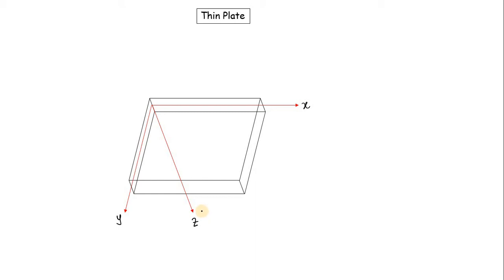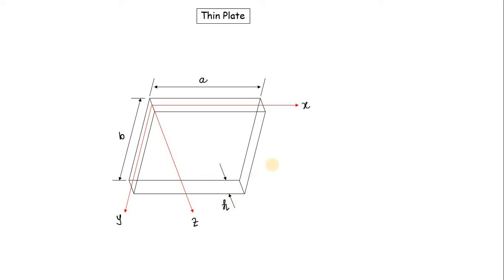Okay, now we give the dimensions of the plate. Along the x-axis the dimension will be a, along the y-axis the dimension will be b, and along the z-axis the dimension, or the thickness, is h.